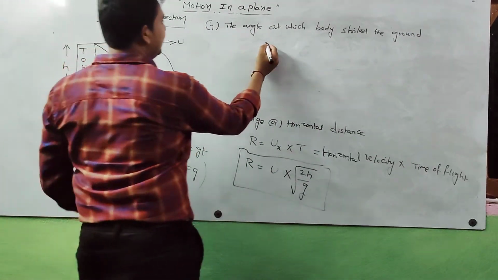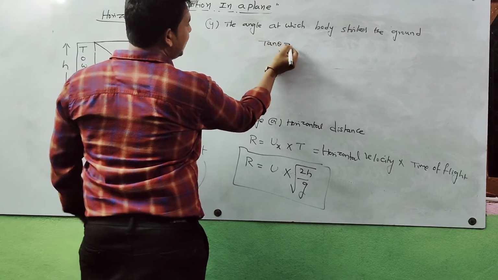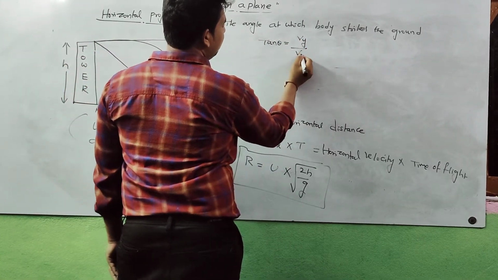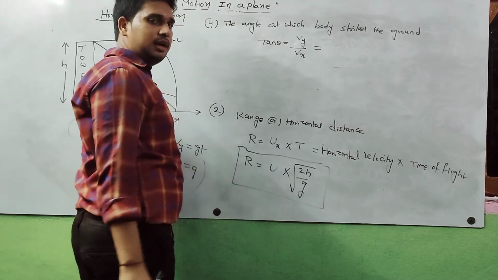That we indicate by tan theta. Tan theta is equal to Vy by Vx.